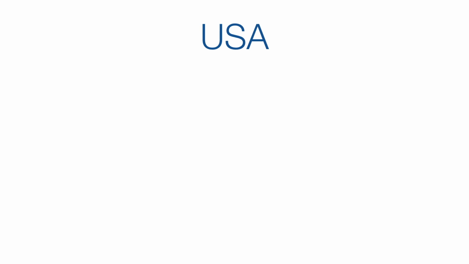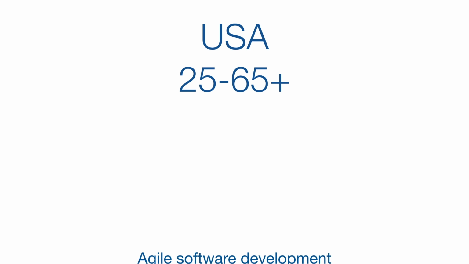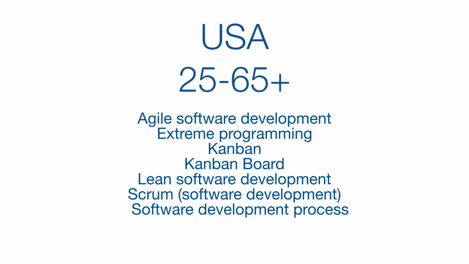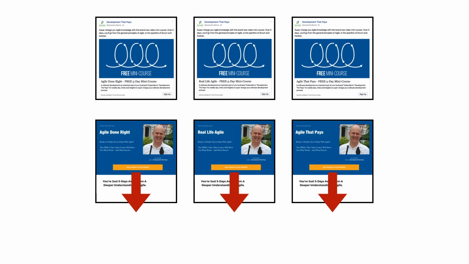I picked the USA, an age range between 25 and 65, and for interests, a basket full of agileness. Not at all sophisticated, so I'd be surprised to get a result as big as 1%. As for this metric, well, I'd like to think that anyone who made it to the landing page would be quite likely to click through, unless, of course, my ugly mug puts them off. Something in the region of 50% is what I'm expecting.